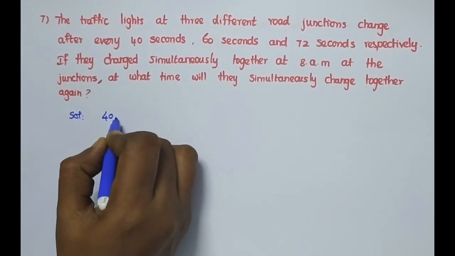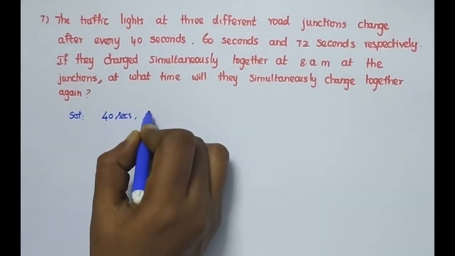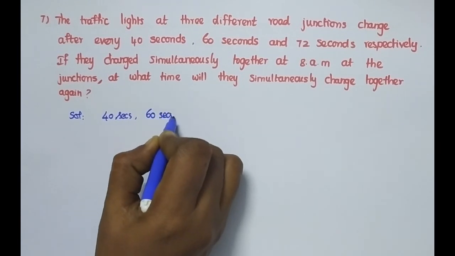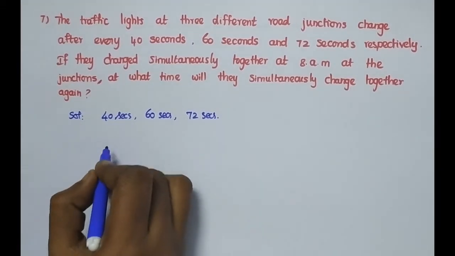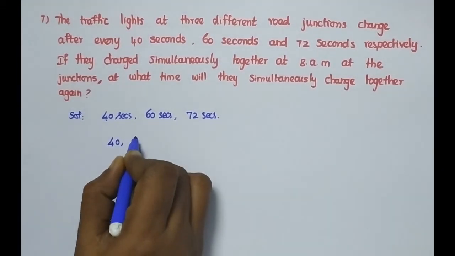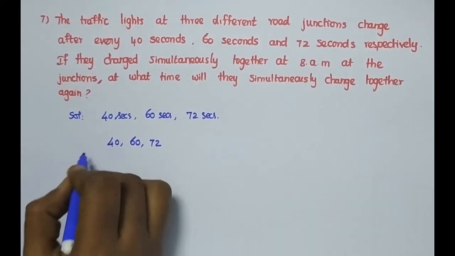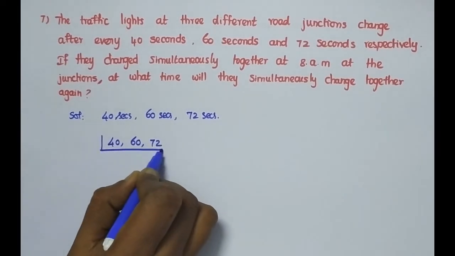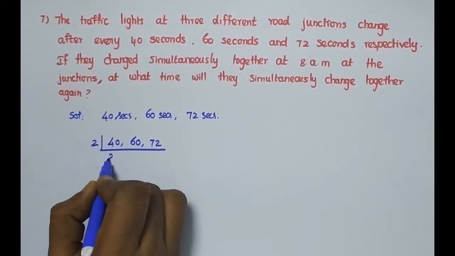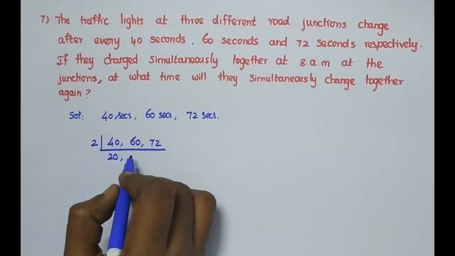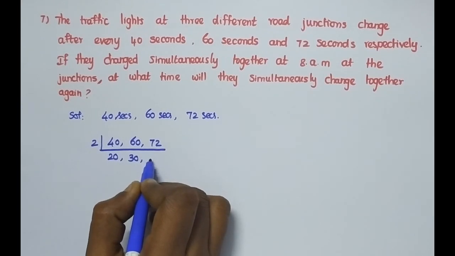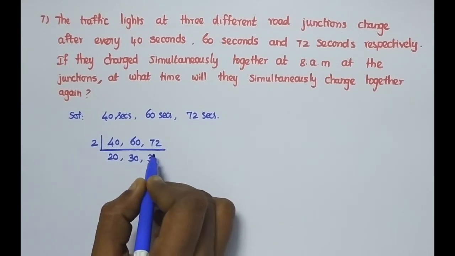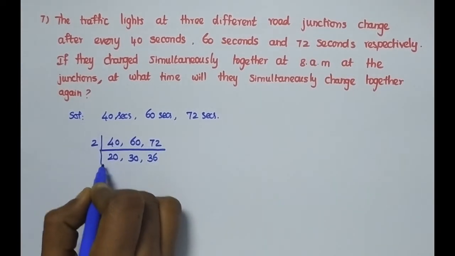40 seconds, 60 seconds and 72 seconds. 40, 60, 72 divided by 2, 2 2s are 40, 3 2s are 60, 3 2s are 6, balance 1, it becomes 12, that is 36.